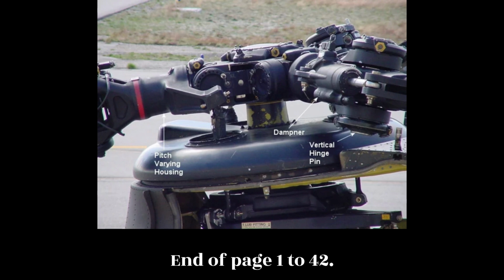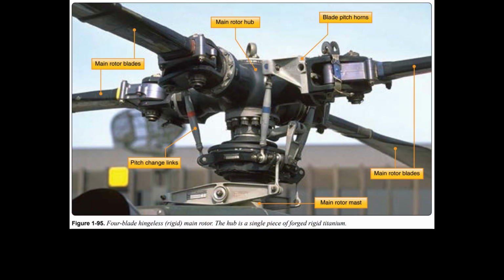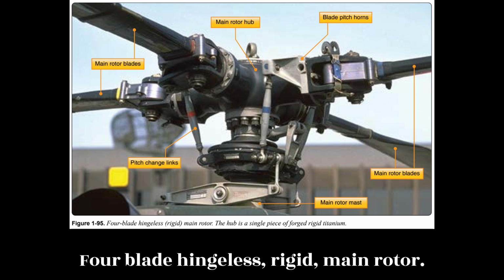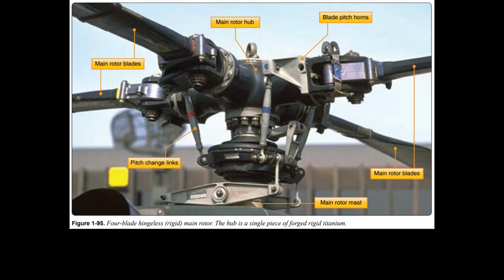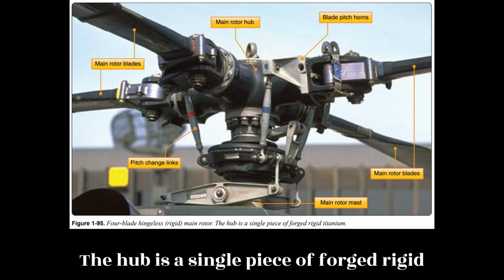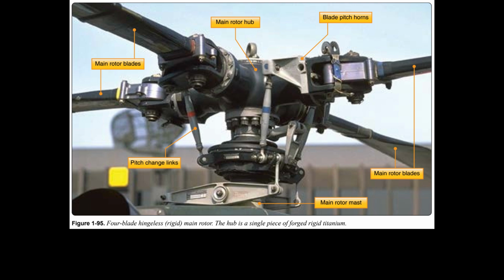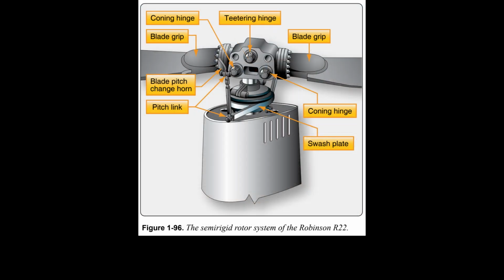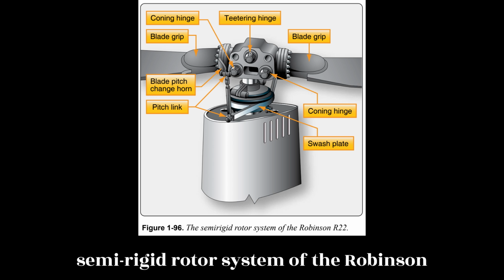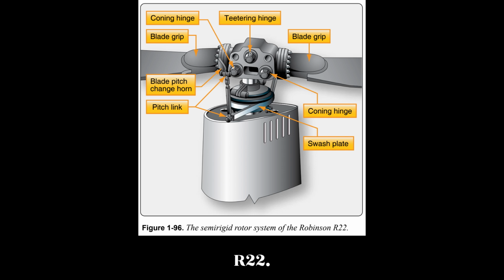End of page 1-42. Figure 1/95. 4-blade hingeless, rigid, main rotor. The hub is a single piece of forged rigid titanium. Figure 1/96. The semi-rigid rotor system of the Robinson R-22.